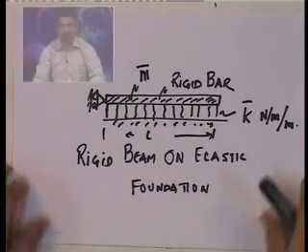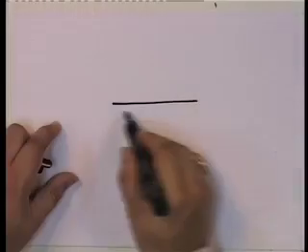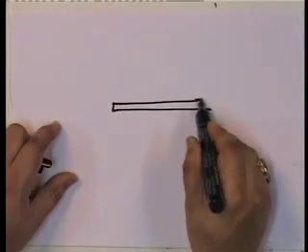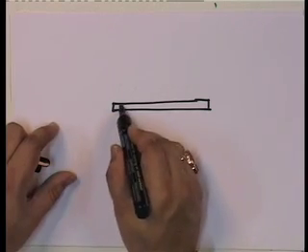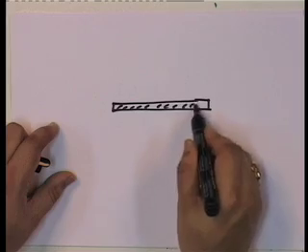Okay. So, now let us see how this problem needs to be solved. Having defined the problem, I am going to again look at this bar, and since we know that this bar is not going to move in this direction, I am not putting that there. I am just saying it is restrained from moving in this direction.